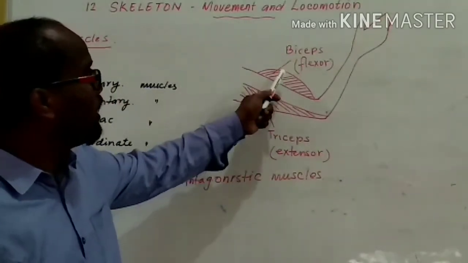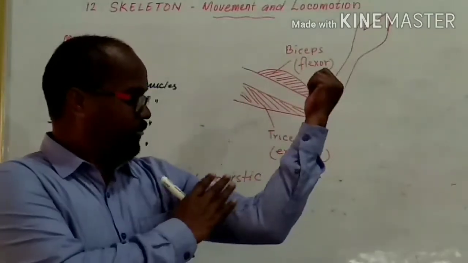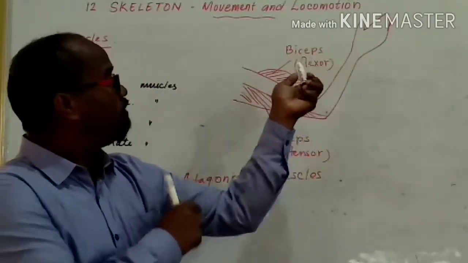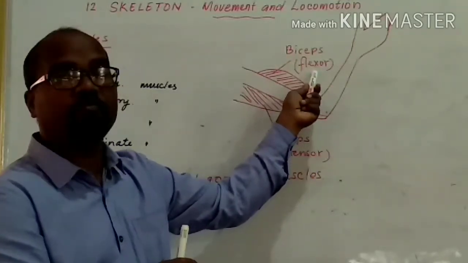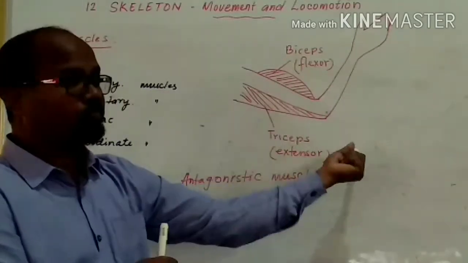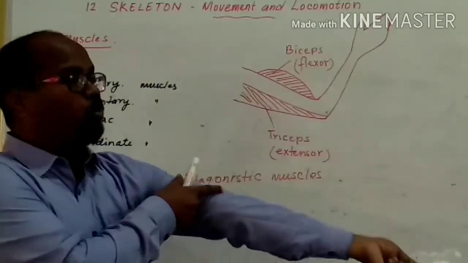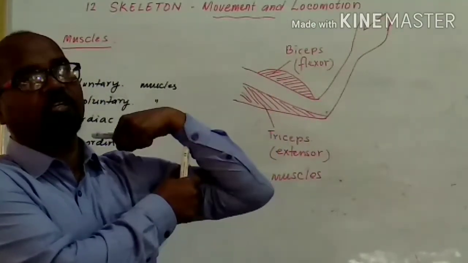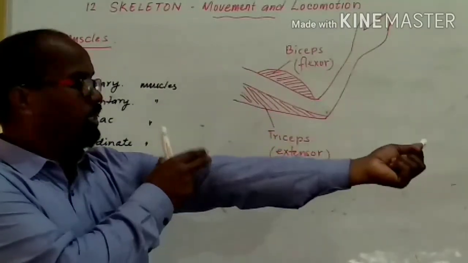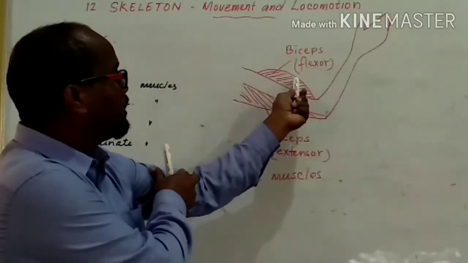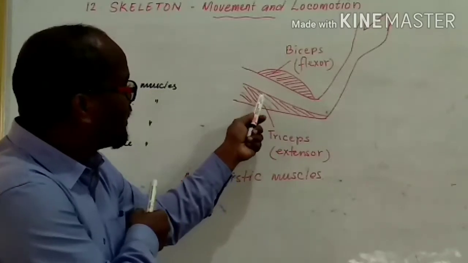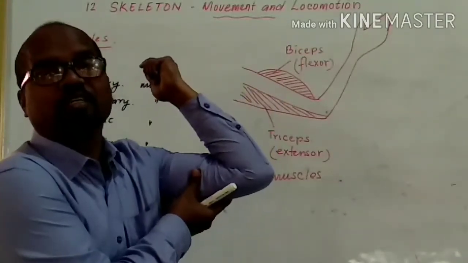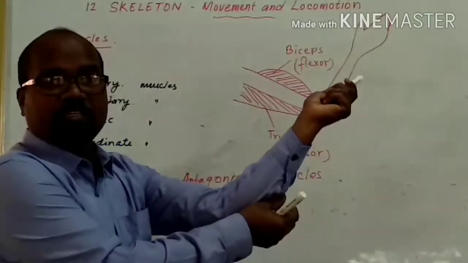For example, we have here the humerus. On the upper side we have biceps. They are also called flexors. When these contract, we are able to move the forearm towards the body. At the same time, what is happening? These triceps are relaxing. They are extending.